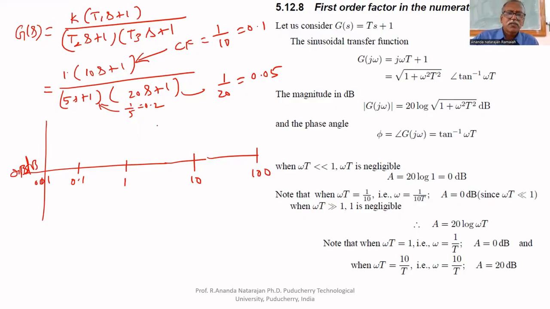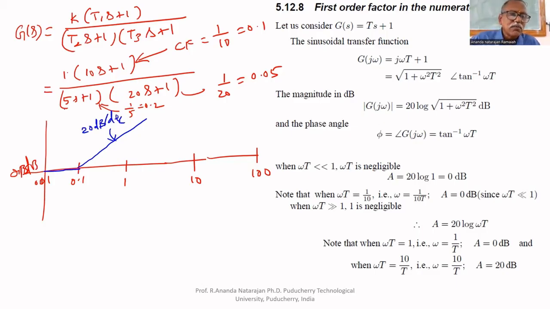So what is the plot for the numerator factor? I am drawing the plot for the numerator factor. Corner frequency is 0.1. Therefore, up to 0.1, it is 0. After that, it increases at the rate of 20 dB per decade. Am I correct or not?